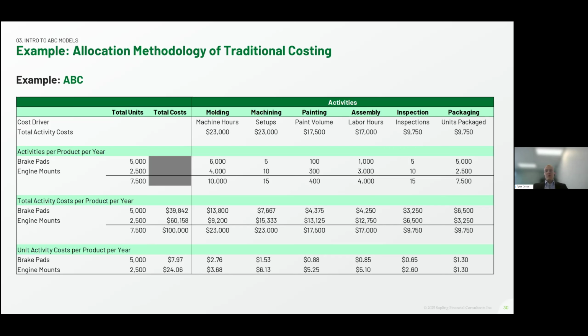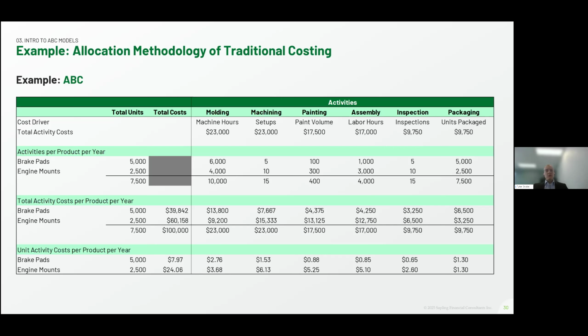This same process is done for each activity and results in a total activity cost per product per year. But the main goal here is to get the unit activity costs. So we would need to take the total activity cost per product per year and divide that by the units produced to get the unit level costs for each product.